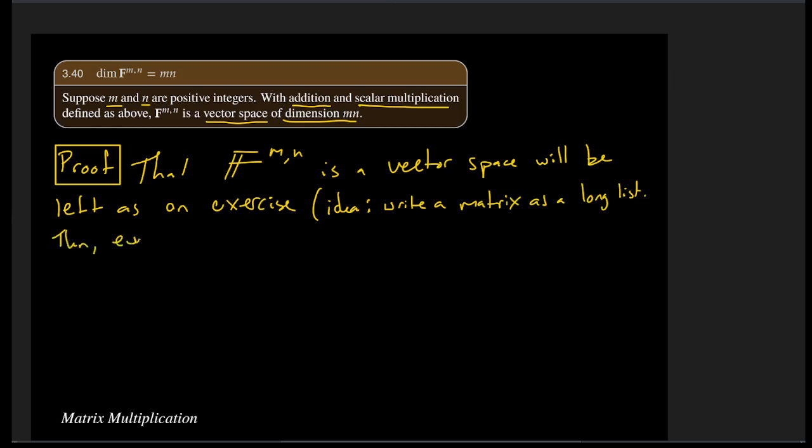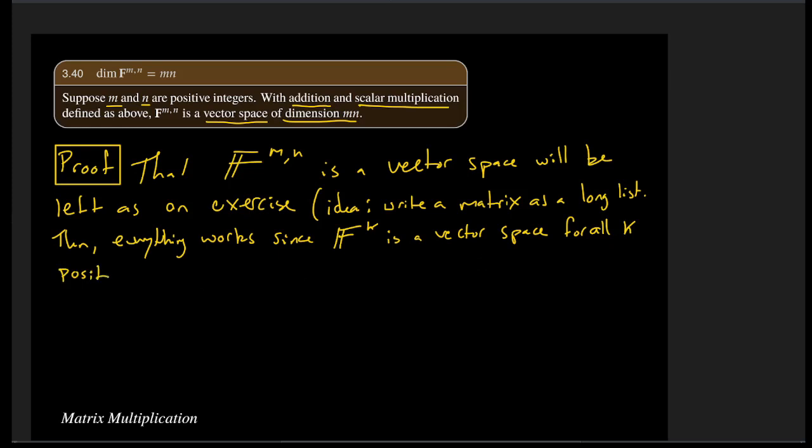Then everything works since F^k is a vector space for all k a positive integer, I suppose I should say, just to be more grammatically correct.